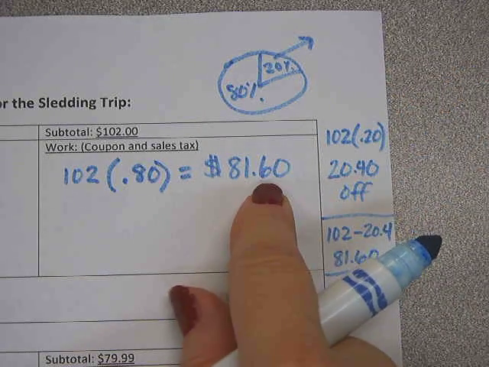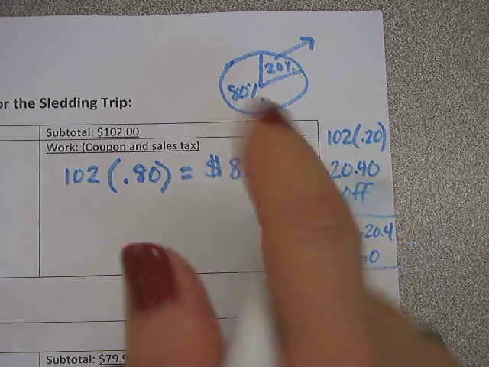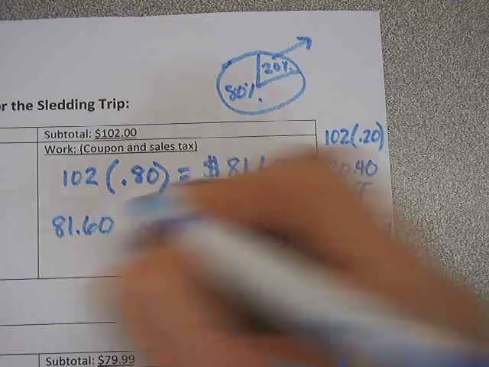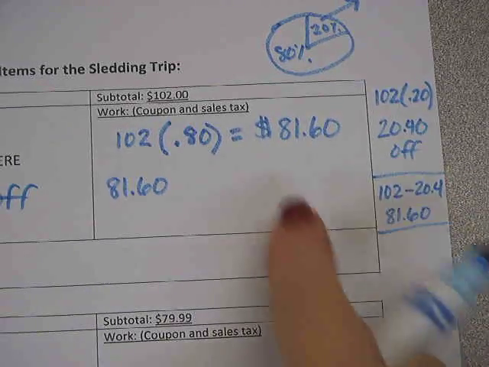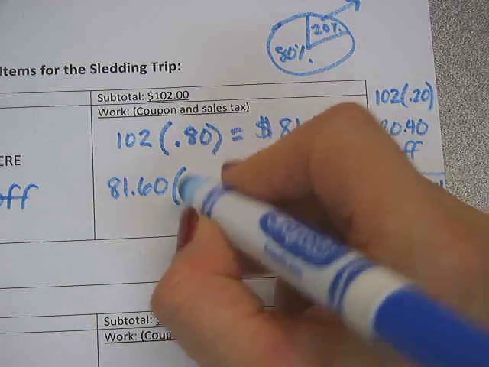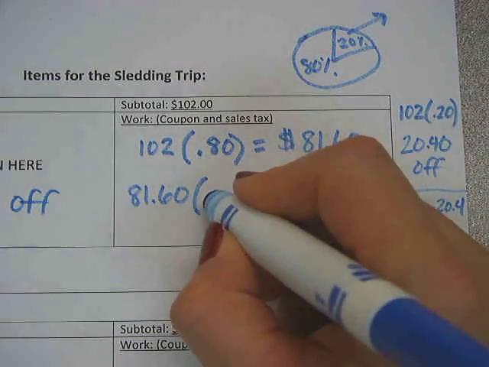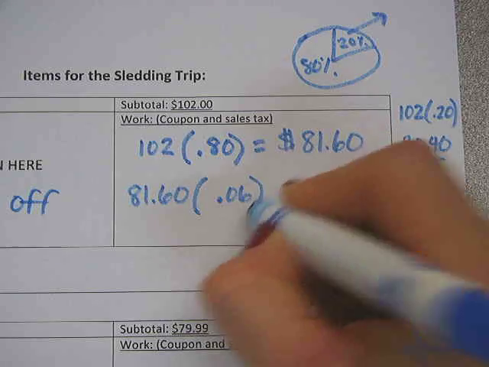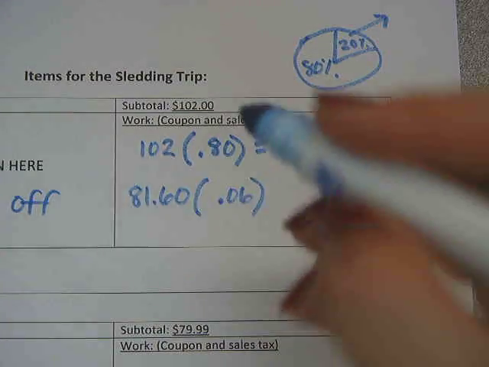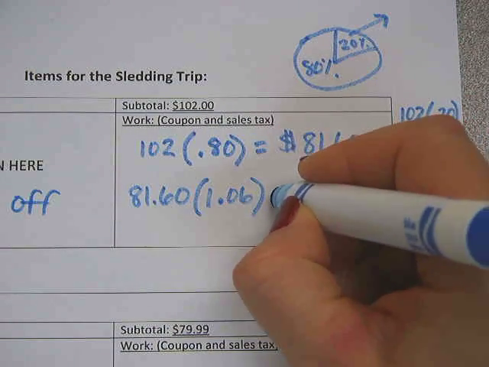So here's what our subtotal is going to be now. But now notice we have to add sales tax. So we're going to take our discounted price and we need to do tax. Okay, so once again, if we only want the tax amount, we're going to multiply by 0.06. But if we want the entire amount, we're going to put a 1 in front of this.